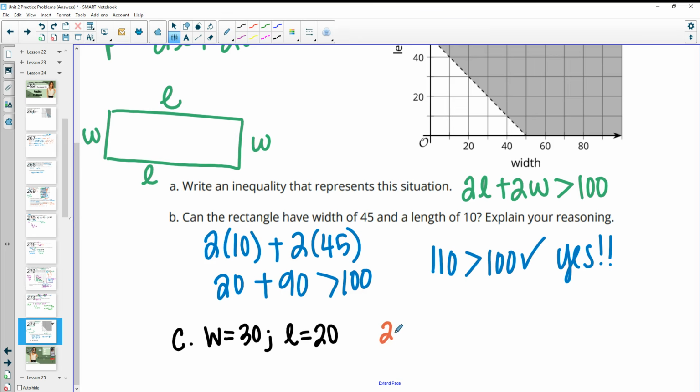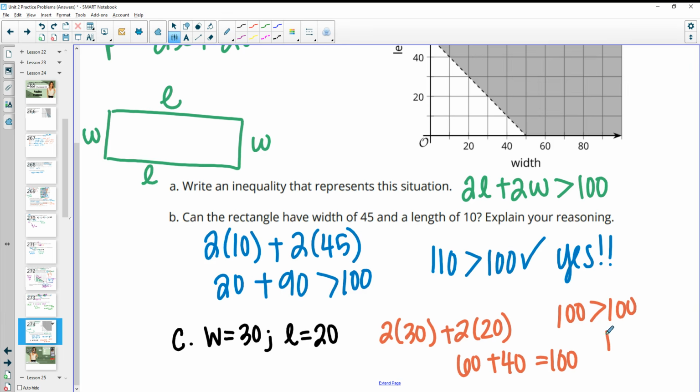So we would do 2 times 30, and we would do 2 times 20 and see, is that bigger than 100? So this is going to be 60 plus 40, which is equal to 100. And 100 is not greater than 100. This is false. It's equal to 100. So this would be no. So yes, you could have 45 and 10, but no, you couldn't have 30 and 20.